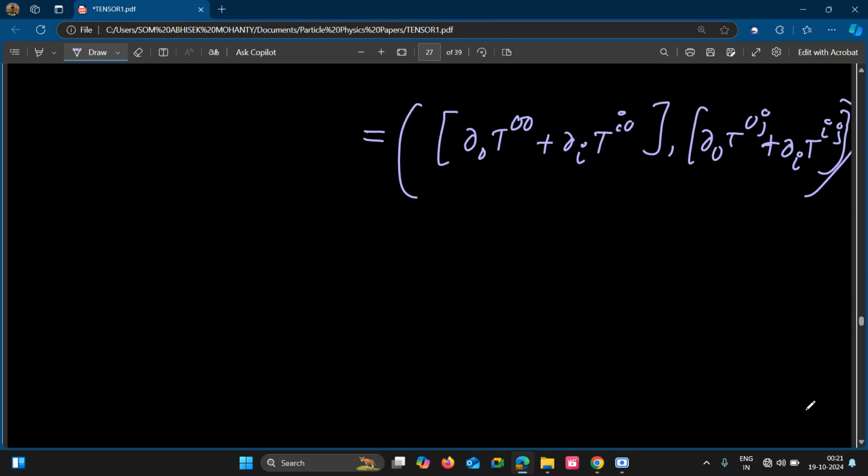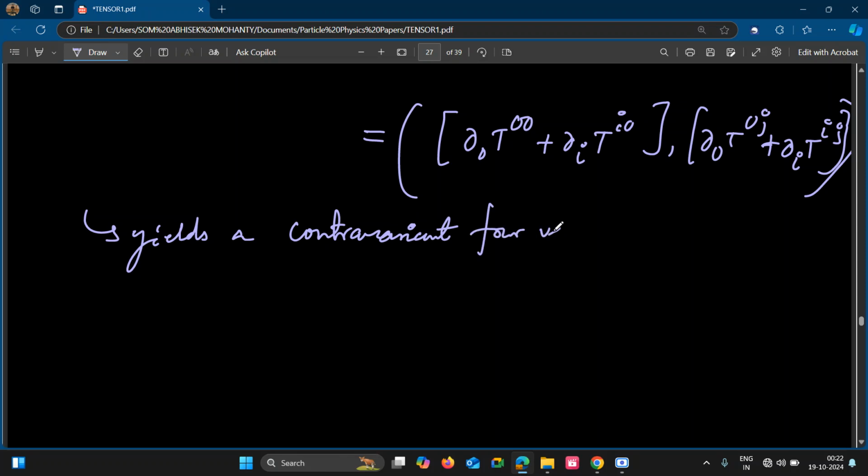Okay. So maybe we'll say contravariant 4-vector, that is a contravariant tensor of rank 1.